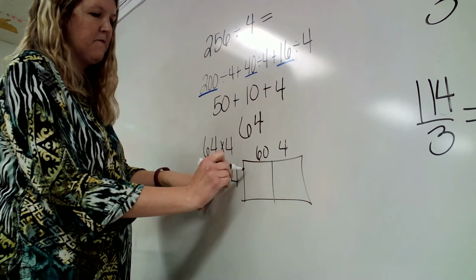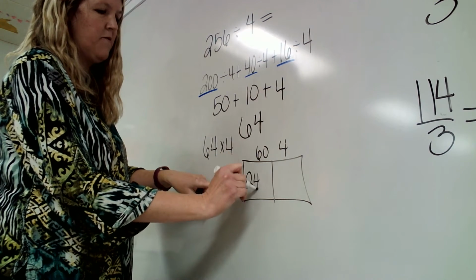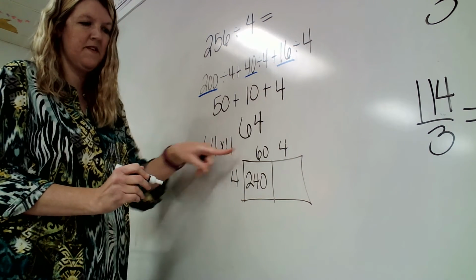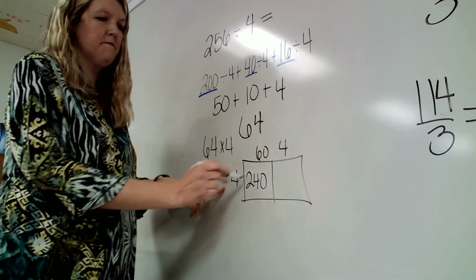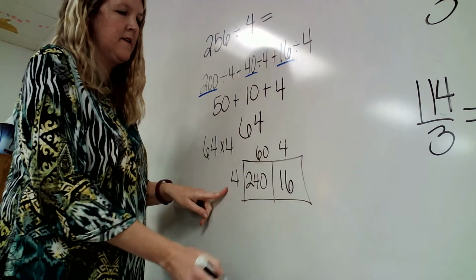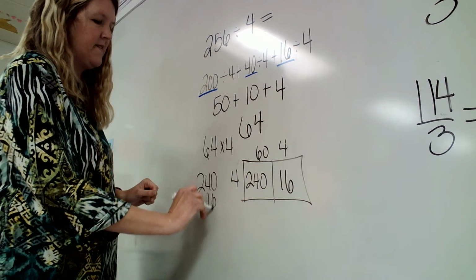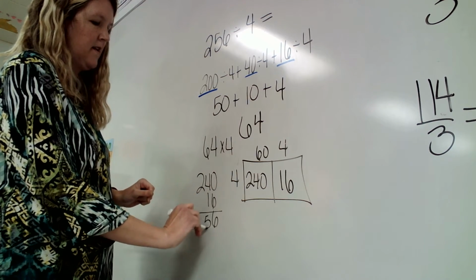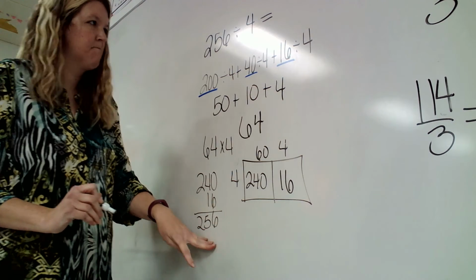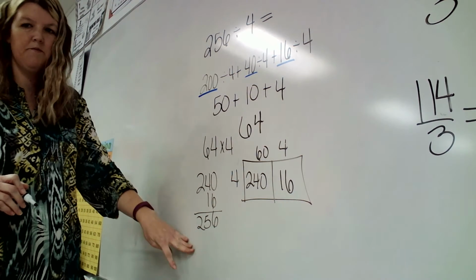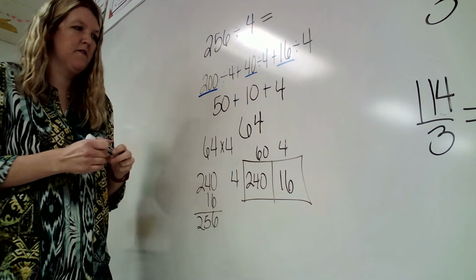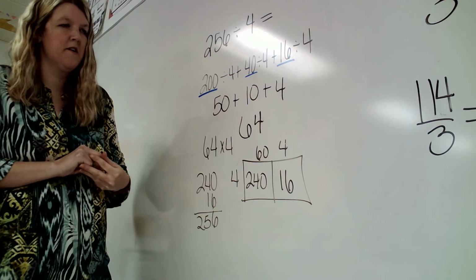So 60 times 4 gives me 240, since 4 times 6 is 24. Then 4 times 4 is 16. So then now I'm going to add 240 plus 16, and that gives me 256, and that's what I expected to get. So that means that we did work this out correctly.